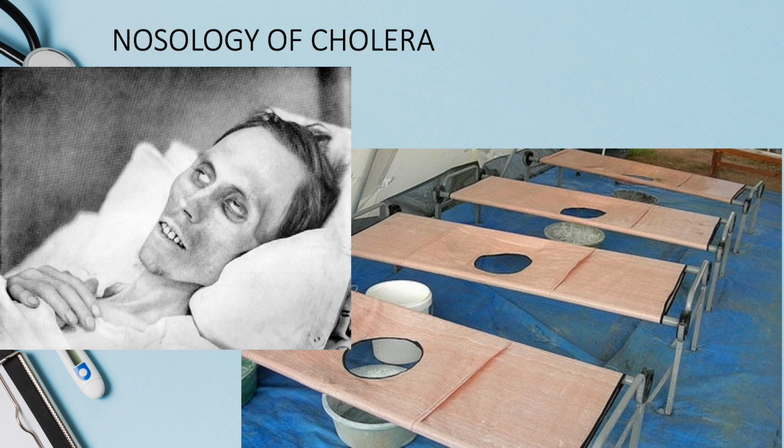How is cholera transmitted? It is also very important to know. If we are talking about endemic areas, what does endemic area mean? An endemic area is a geographic area for which some infections are characteristic.